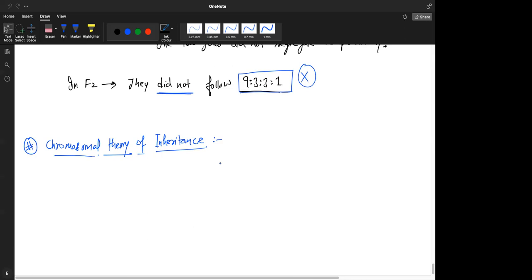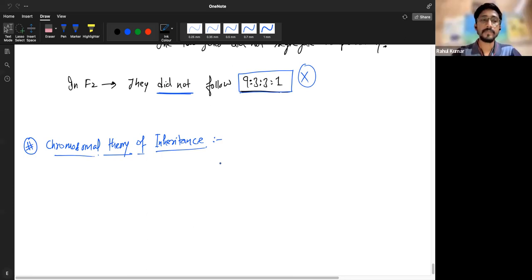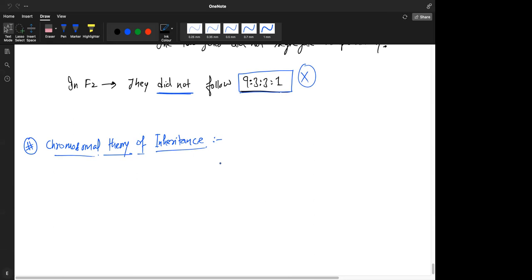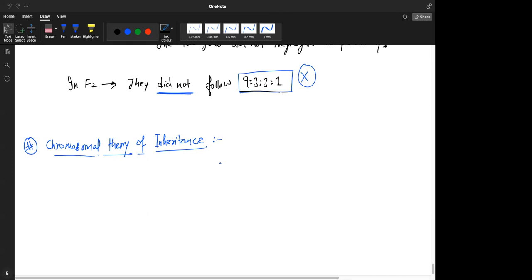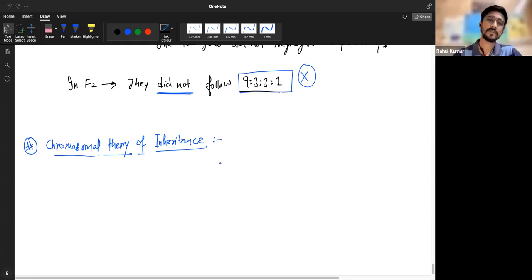In fact, Mendel's work was not accepted. At the time they gave this law, he was not alive. So his work was very underappreciated and unrecognized till the beginning of the 20th century. Before going into inheritance, write down certain things.